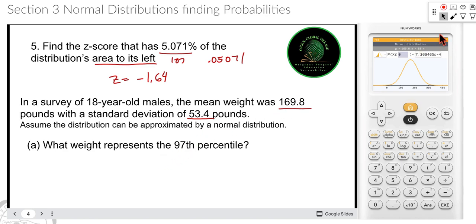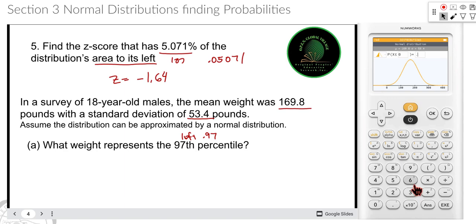What's the 97th percentile? Well, remember, that's 97% is below, area below whatever score this is going to be. So that's to the left. So remember, 0.97 is really what we're looking at, to the left. Now remember, 0.97 is an area, and so what we do is we make sure we have the right tool, which we do. We have the area to the left. That will always be the case when we have percentiles.